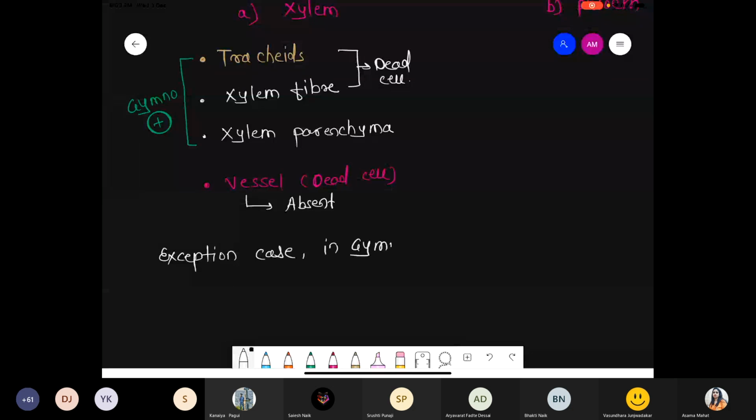Number 1, Gnetum, pronounced as Gnetum. Number 2, Ephedra. And number 3, Welwitschia.